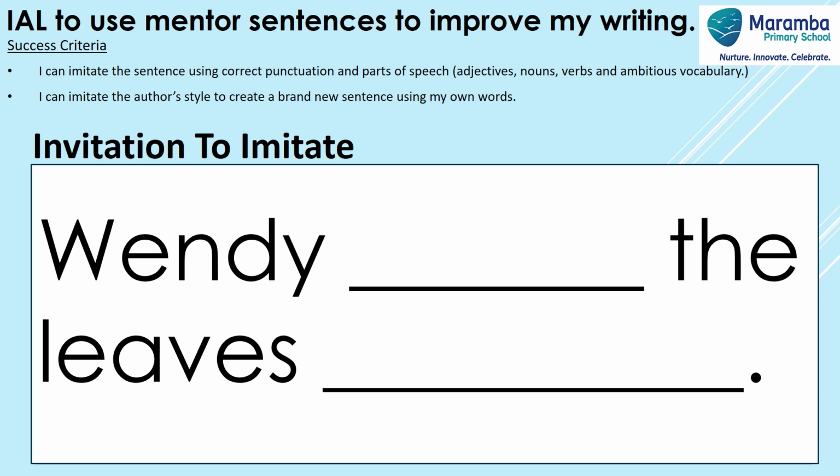Take your time to write your sentence and make sure you have a good look and see if you can edit it. Take a photo and submit it to the portfolio in Class Dojo.